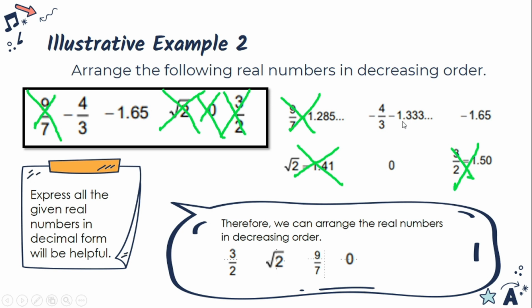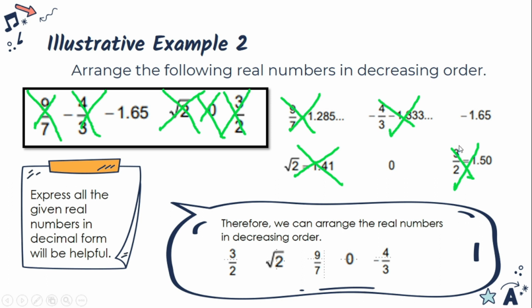Next is from our negative real numbers here, we have your negative 1.333 and negative 1.65. So, anong mas malaki dyan? Yes, ang mas malaki dyan is this one, the negative 4 over 3. Bakit, teacher? Kasi, sabi natin, when it comes to negative, the higher the number, the lower its value. Tama?